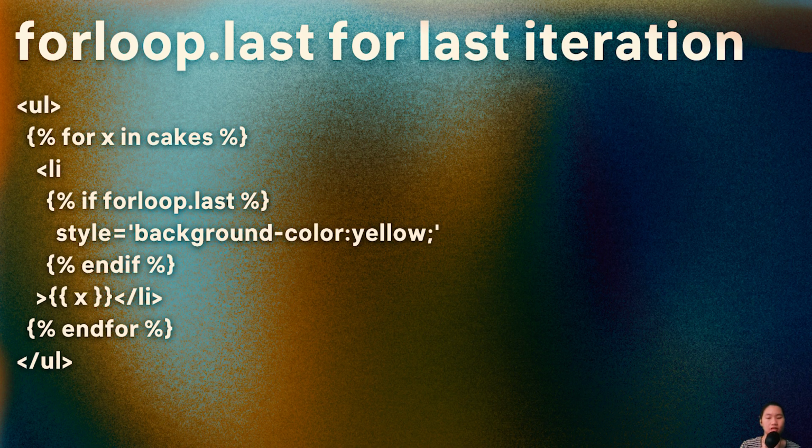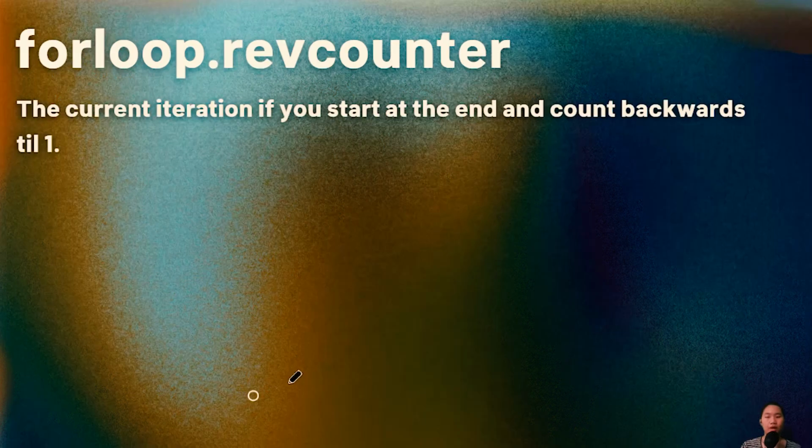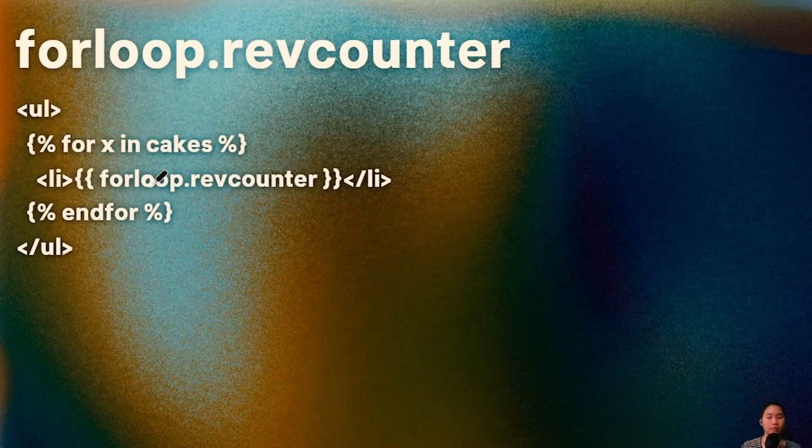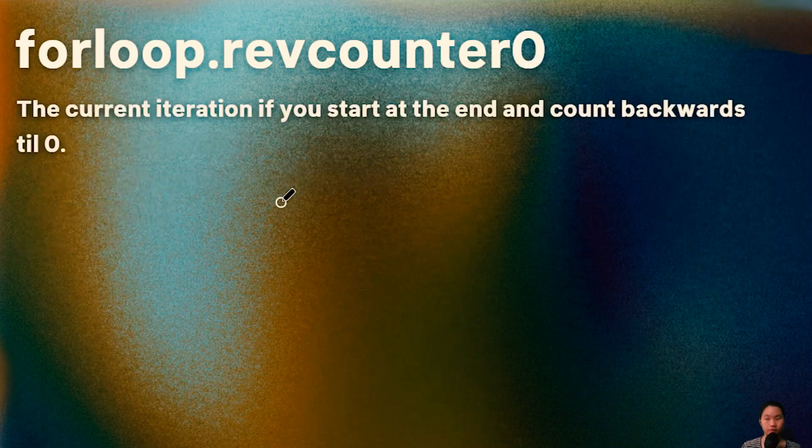Once again, for X in cakes, if forloop.last, style background-color yellow, and then we have an if. Now we have ref counter. What is ref counter? It's the current iteration if you start at the end and count backwards until 1. This is what it looks like: forloop.revcounter.